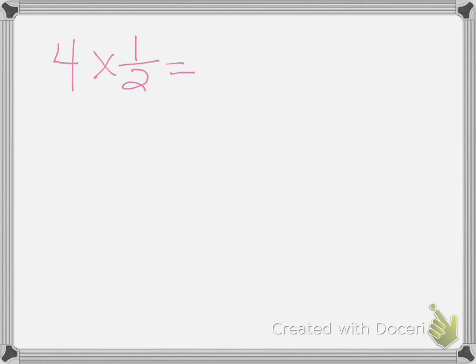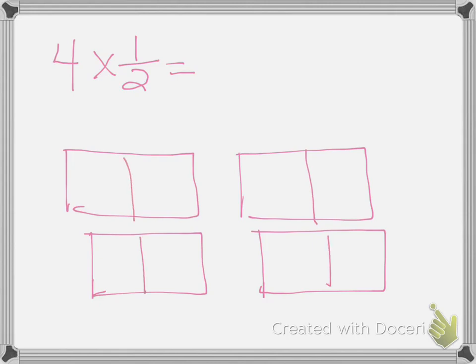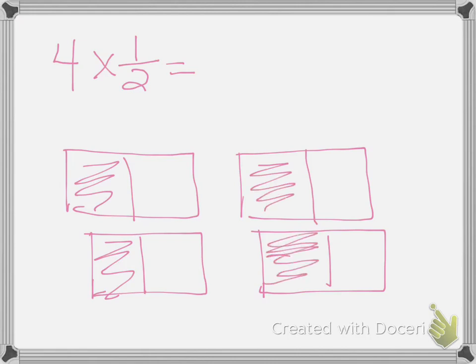It's like saying you have 4 squares, and each of those squares has a half. Maybe it's a pizza. Each has a half. How many halves do you have?